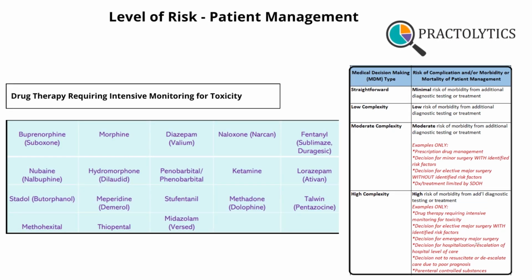Now, another important element as part of the level of risk is drug therapy requiring intensive monitoring for toxicity. Any drug that requires intensive monitoring should be a therapeutic agent which has the potential to cause serious morbidity or death. Monitoring is performed for assessment of potential adverse effects from the drug and not primarily for assessment of the therapeutic effect.